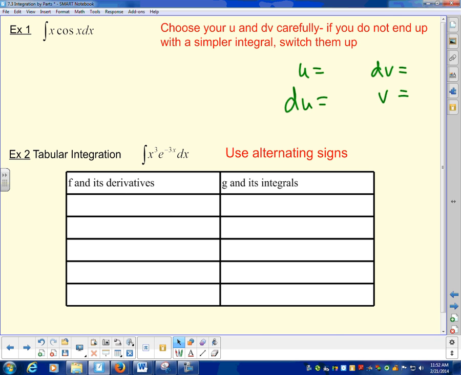Let's do this. We have the integral of x cosine of x, and I'm going to let u equal x in this case. And then dv will equal cosine of x, and I need to add a dx here.